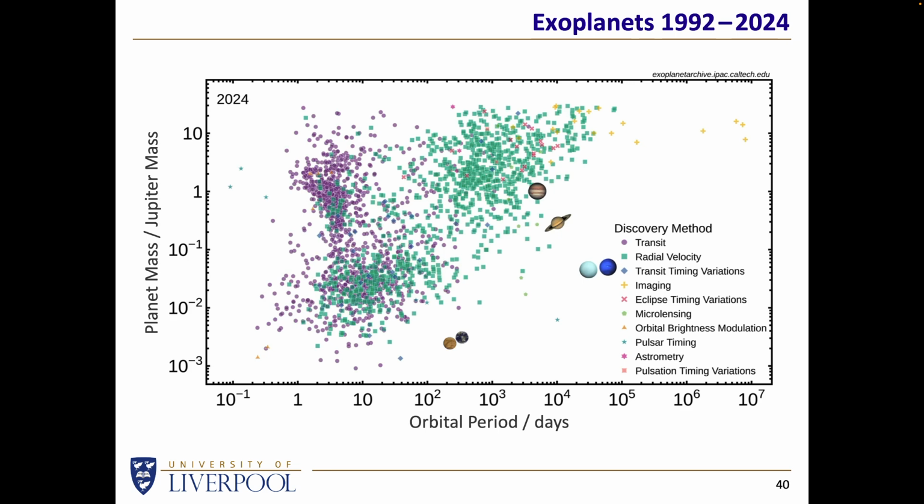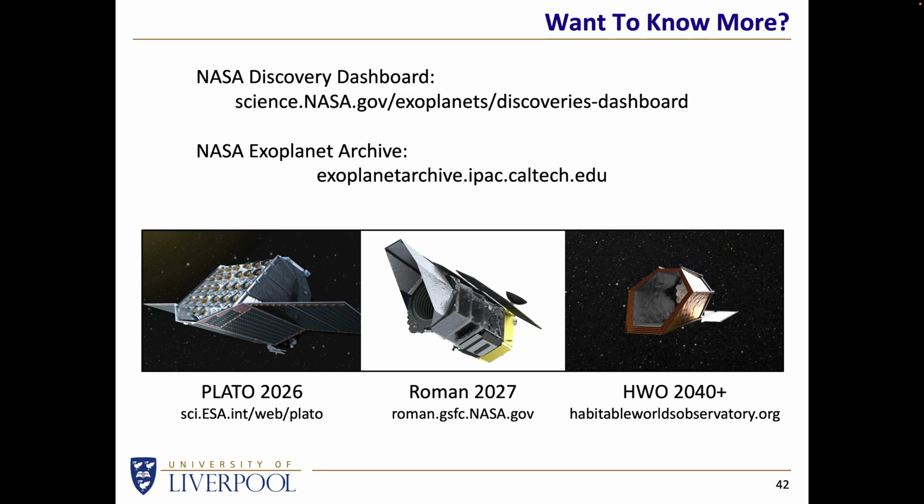They're just much more difficult to see than other planets, which is why we've got missions coming along in the future, not only in the near future, like Plato and Roman. Roman is a NASA space telescope. Plato is a European Space Agency telescope. But there are other plans into way beyond 2030 of having other telescopes which are explicitly looking for signs of life around other exoplanet systems.